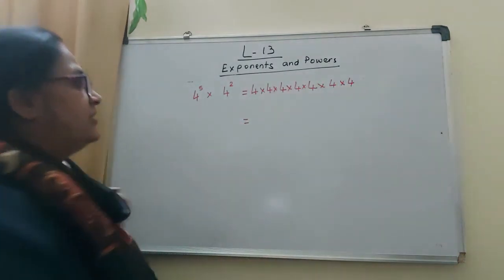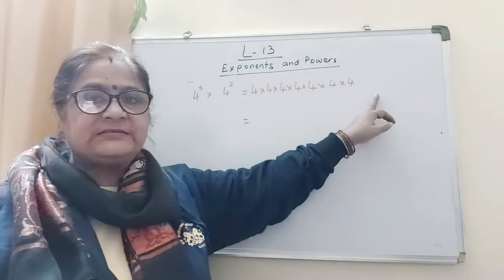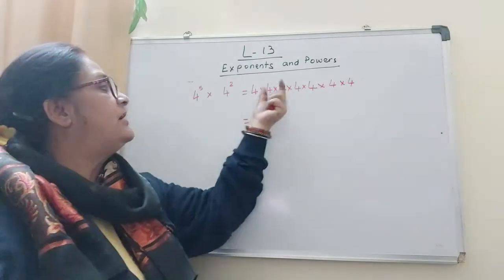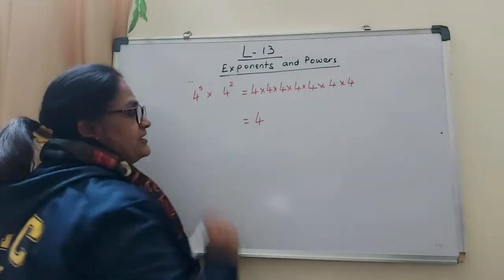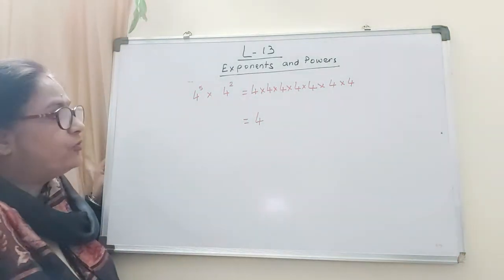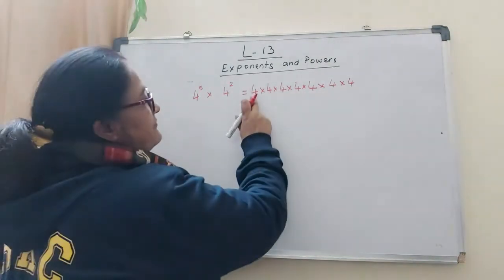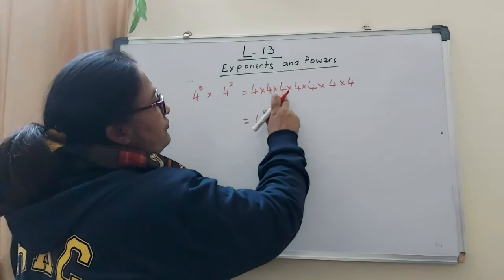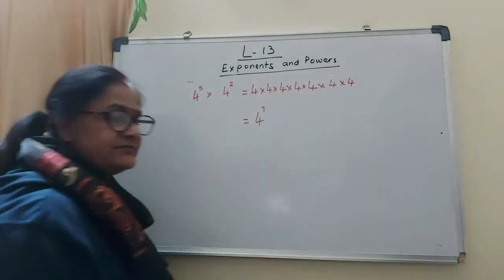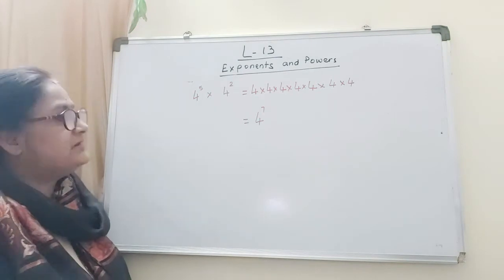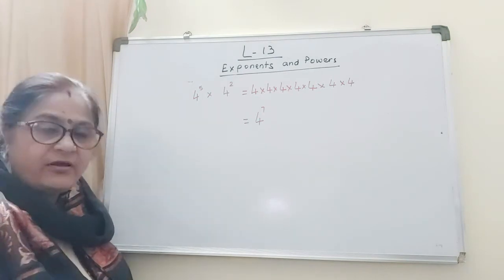Right. Here what am I getting? Same base. Bases have not changed. All the bases are same. So I'll get my answer in exponential form. That is 4 only. How many times I have written 4? 1, 2, 3, 4, 5, 6, 7. 7 times I've written. So my answer is 4 raised to the power of 7.